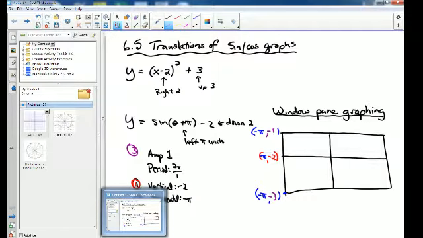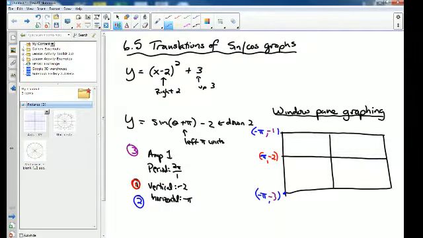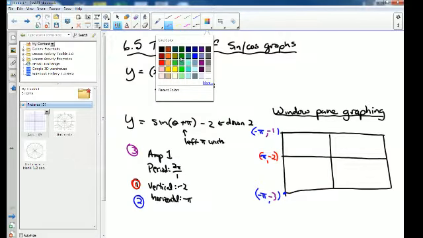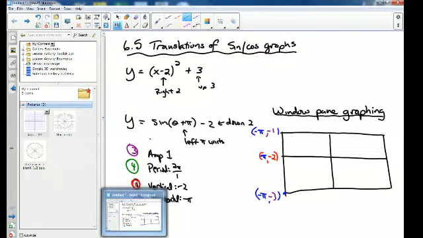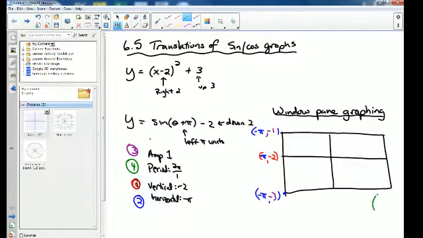And then our period. The period is 2 pi. This is 1 period, 1 cycle. What is this point going to be?